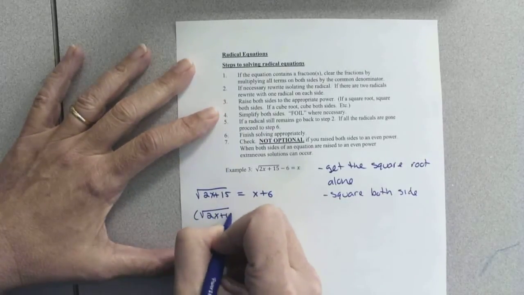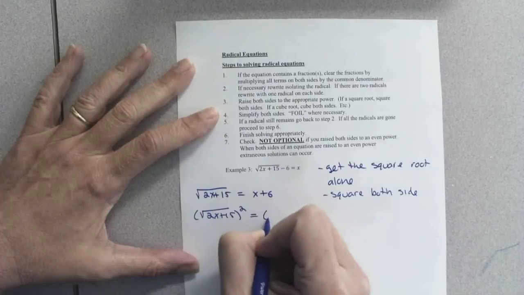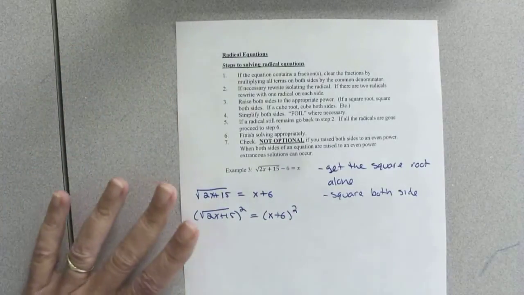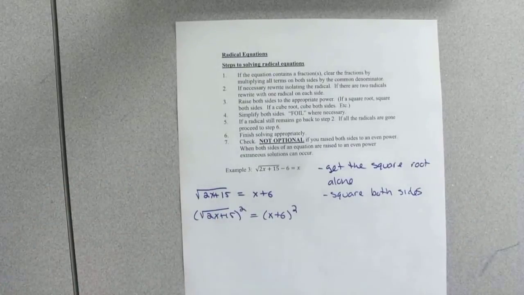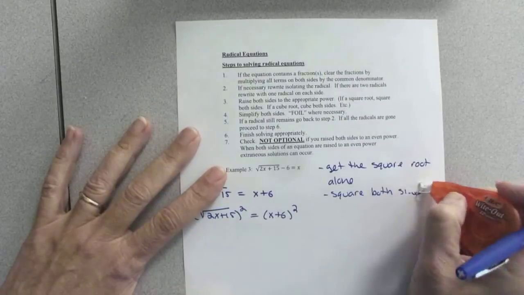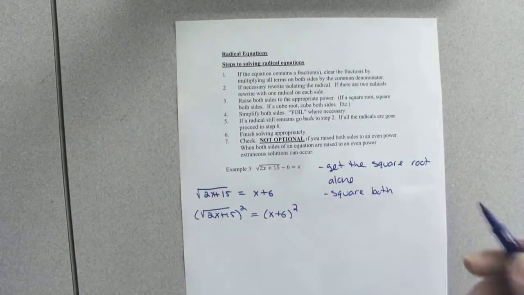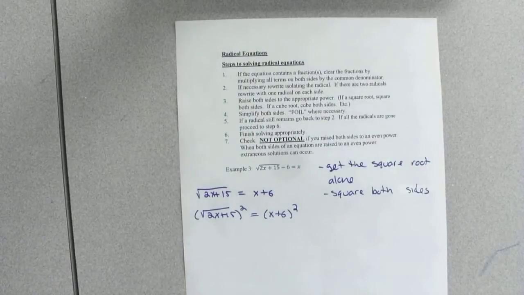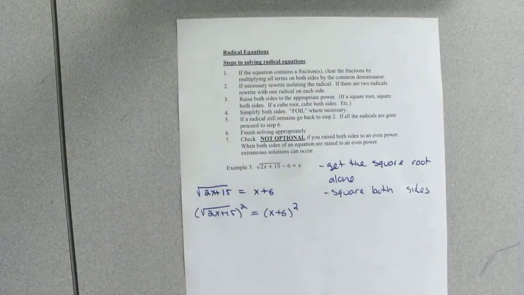So squaring the square root side and squaring the other side. Square both sides in their entirety. I get to put one square on each side of the equation. I don't get to put a square by each term.